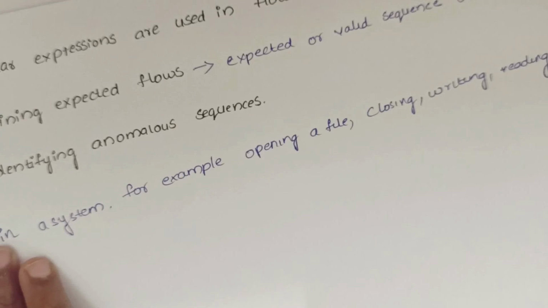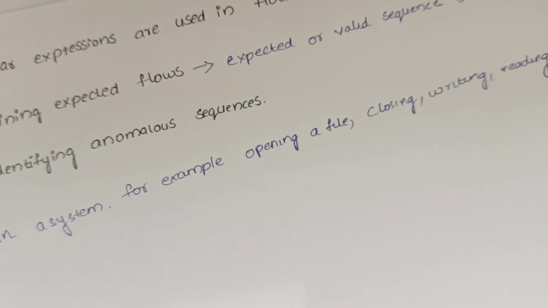In a simple way, the patterns or expressions which are not suitable for the system can be detected, and such a detection is called anomalous. These anomalous sequences or patterns can be detected and flagged.